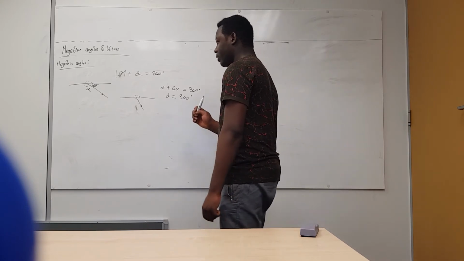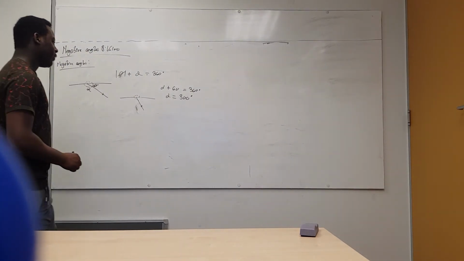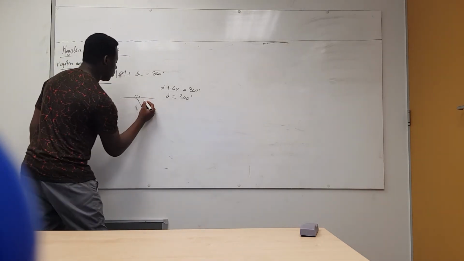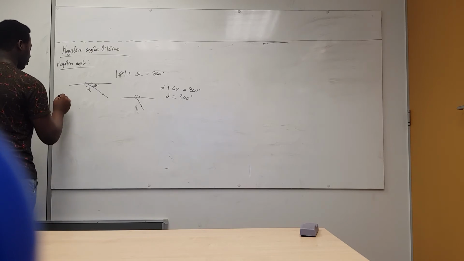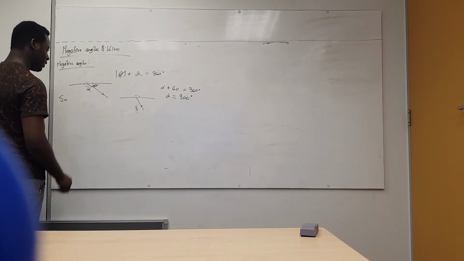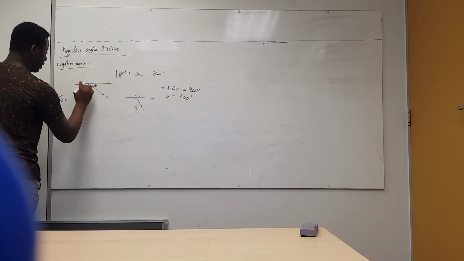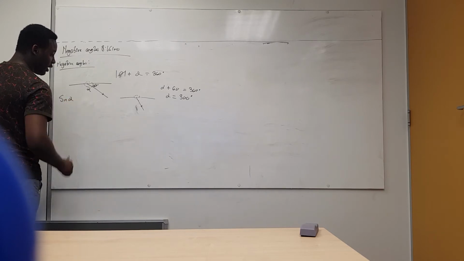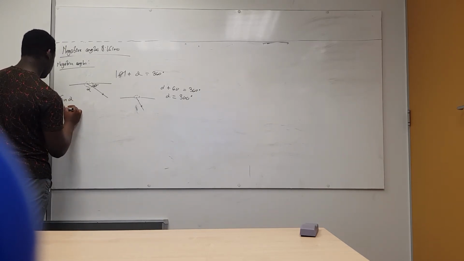Therefore, let me show you something interesting. If we're doing sine of phi, for example, let's do the general form first. Sine of phi, where phi is in the fourth quadrant. I'm sorry, sine of alpha, where alpha is in the fourth quadrant.